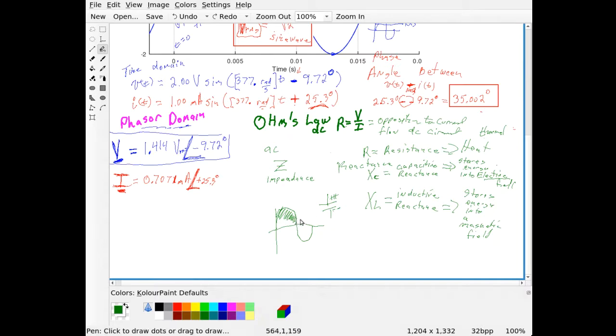Now, when the sine wave goes negative, you're going to reverse. So you're going to take the energy, flip it, and store it in the opposite direction. You're constantly building up this electric field and then taking it down and putting it on the other side in the opposite direction.